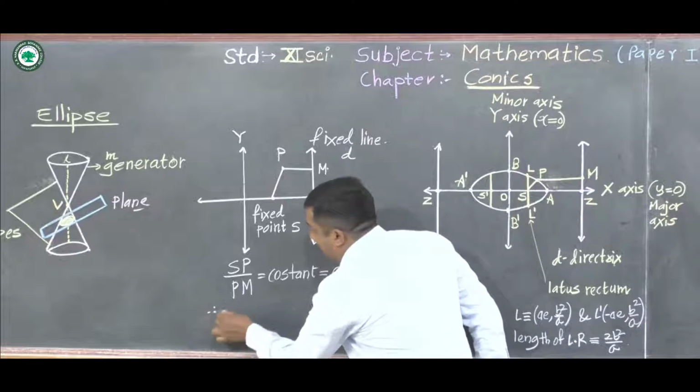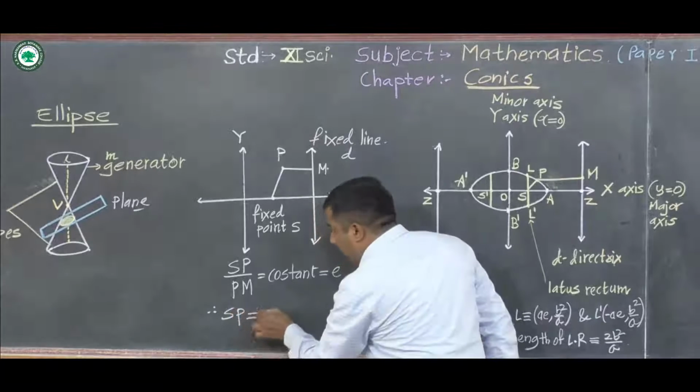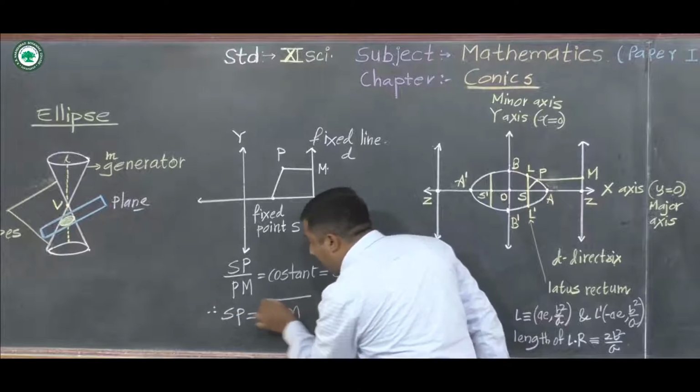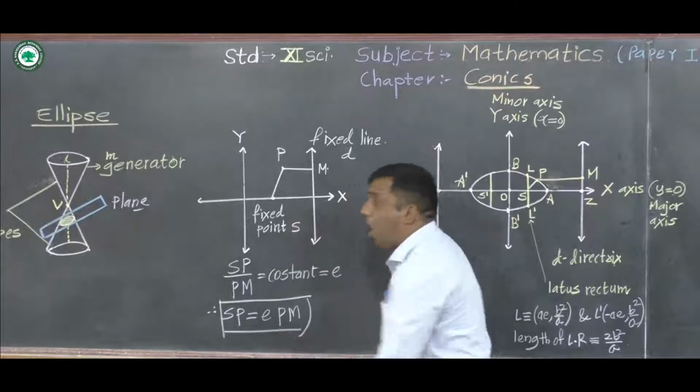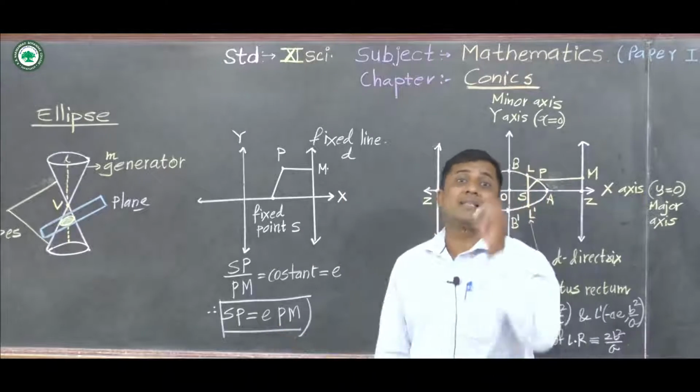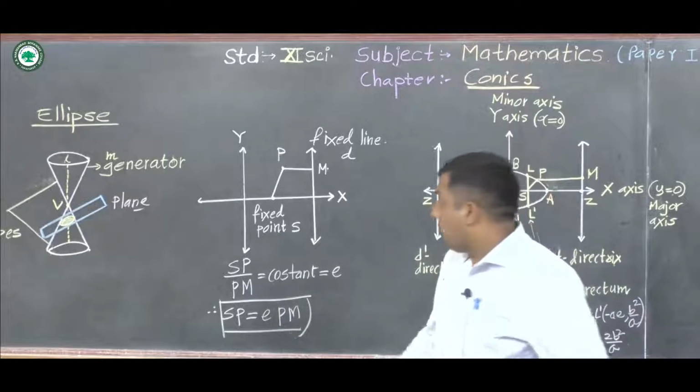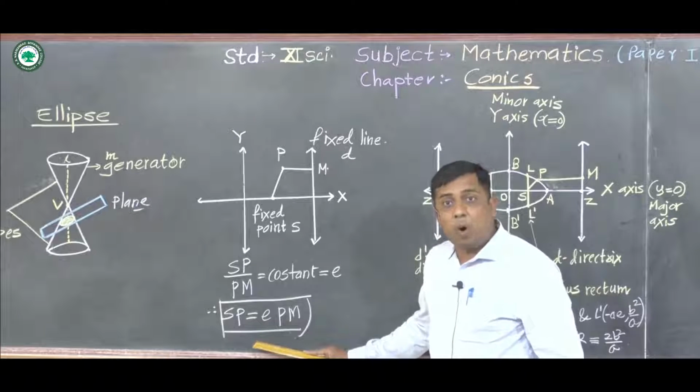Then I write this as SP equals e times PM, and this is called the focus directrix property.